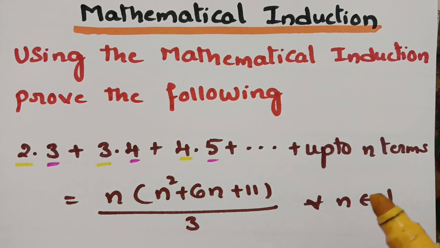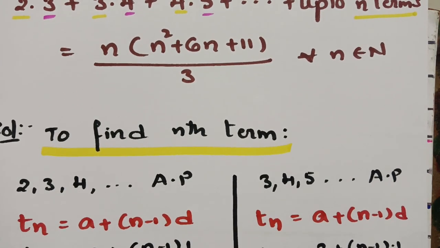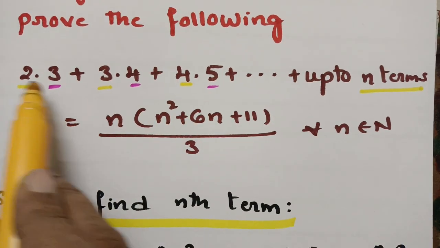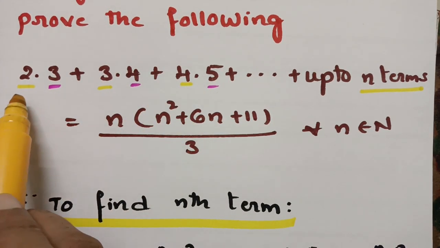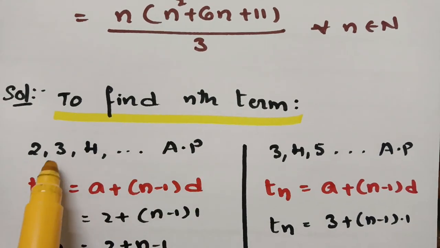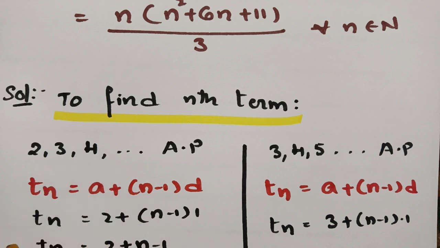First of all, we have to find this nth term. So what will be this nth term and how to find it? According to our problem, the first terms are 2, 3, 4, which are in AP, because the common difference between any two numbers is 1.